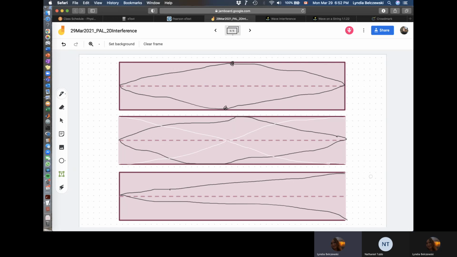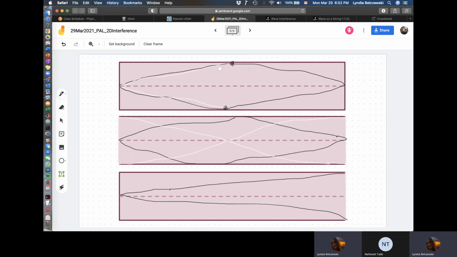Something I want to point out, just as a bit of a memory tool, for this middle case, is that you imagine taking the standing wave pattern for a tube fixed at both ends and look at just half of this.